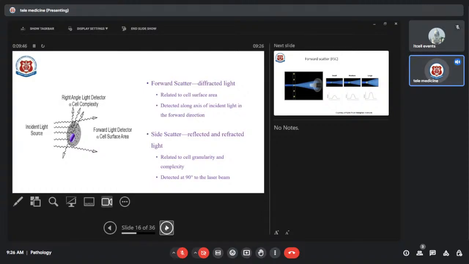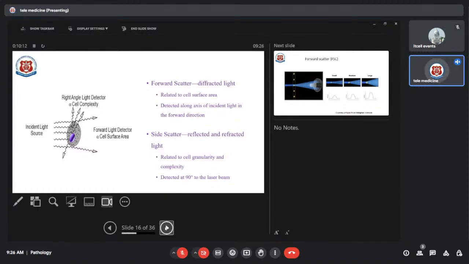Some amount of light going and hitting the internal structures like granules or the nucleus will be reflected at various angles. So there are detectors placed at different angles. Rays which hit a detector here will tell you about the size of the cell. This is called the forward scatter, and it tells you about the size of the cell.